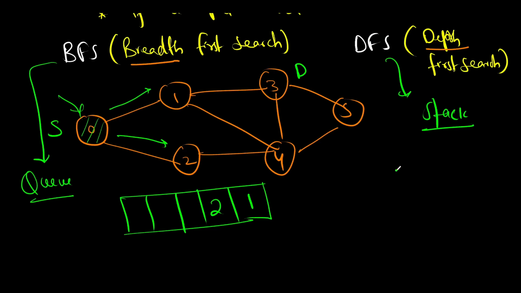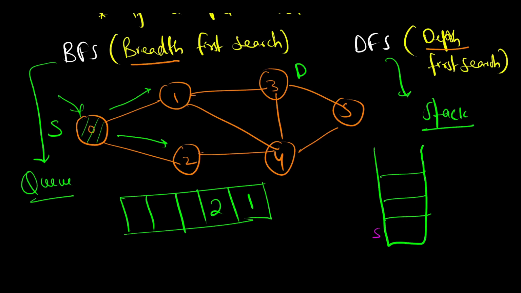But what happens in DFS, we basically have a stack, and how it functions, what we are going to do, we are basically going to take the first one, that is the 0th vertex, and we call it the source vertex. And when we have visited this particular vertex, just pop this out. Let me remove it.